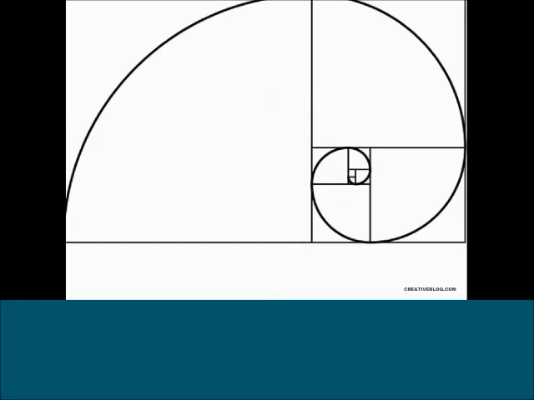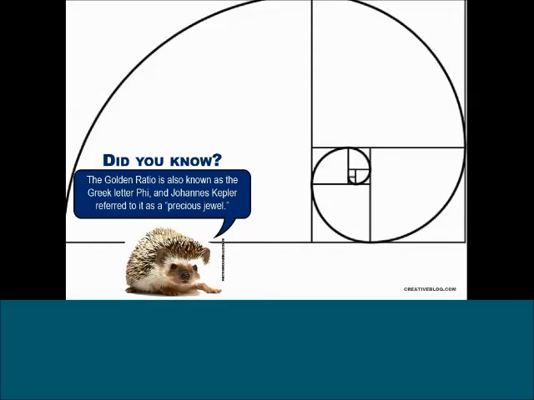Now, the rule of thirds is based on the more complicated golden ratio, which we're not going to go into in depth. It describes the perfectly symmetrical relationship between two proportions. And according to Johannes Kepler, it's a precious jewel.